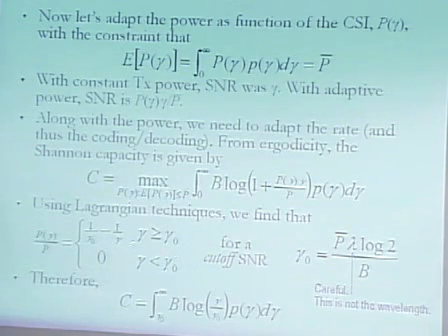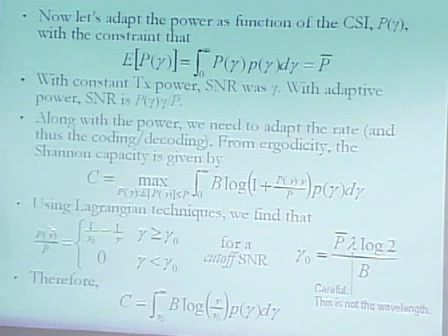These are the bad channel states. When the fading is very bad, we just shut it off, don't transmit. Now, when fading is good, so when gamma is above this cutoff, we send 1 over gamma 0 minus 1 over gamma. Okay, so this is the mathematical form for the optimum power strategy.